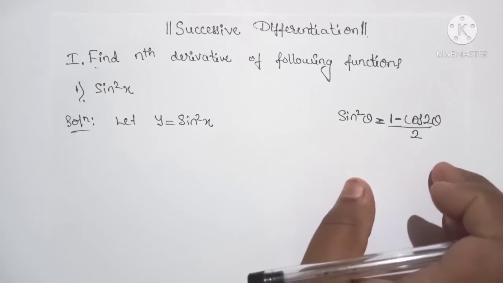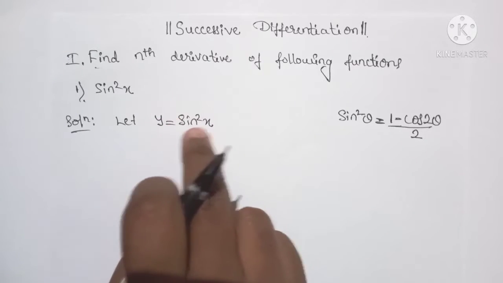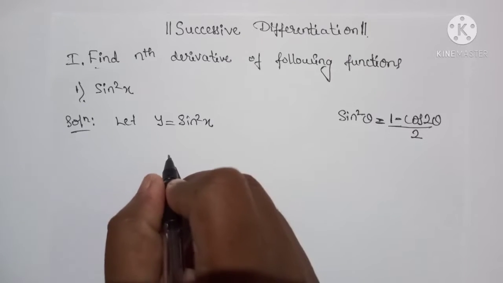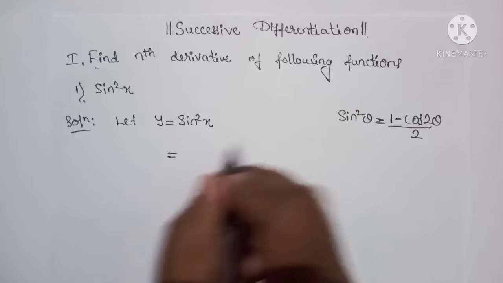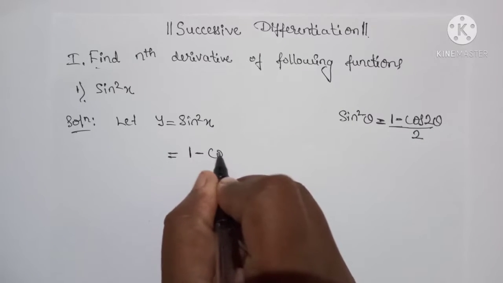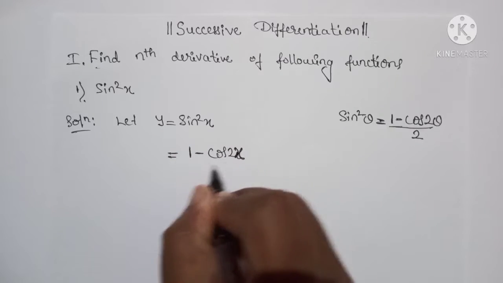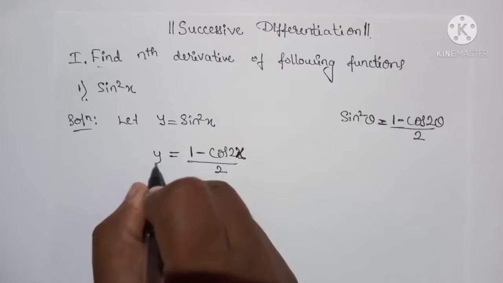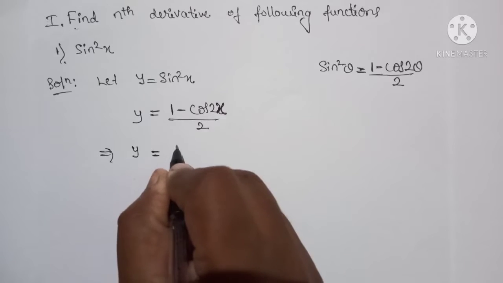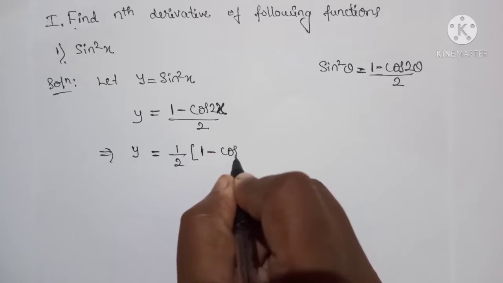Using this formula we reduce this function into standard form, because we don't have any formula for sine power 2x. Since we have angle x, this gives 1 minus cos 2x divided by 2. So y equals 1 by 2, which is a constant, times (1 minus cos 2x).